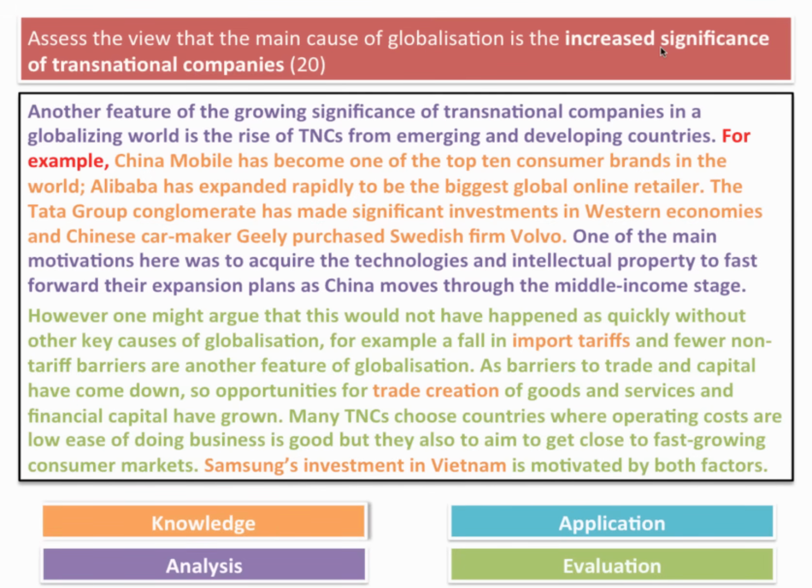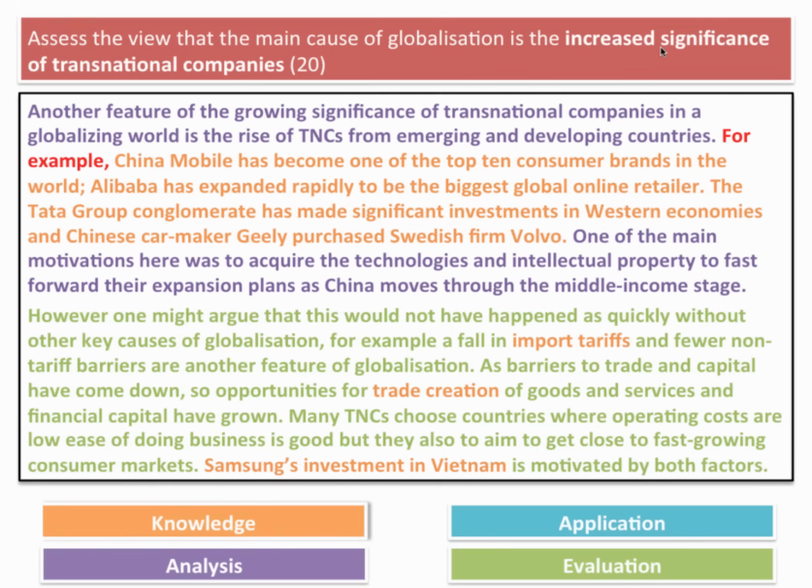So most students in the exam, the vast majority, would only talk about Western multinationals, Google and Walmart and Tutor to You, the big ones. Actually, it would be extremely good in an essay, in an exam, to think about multinationals from developing countries.